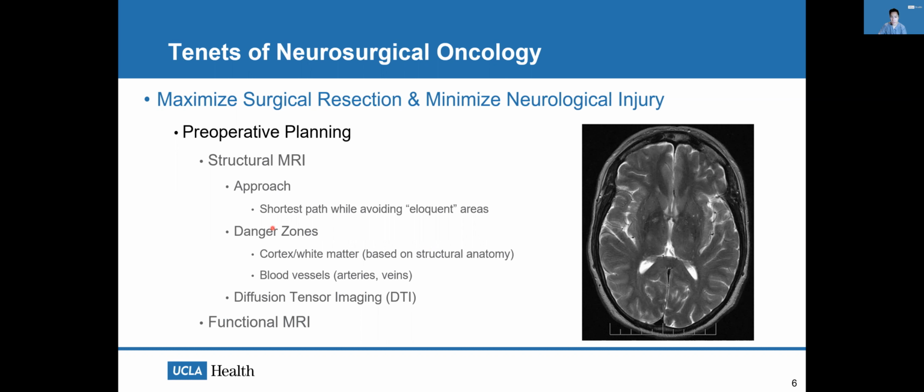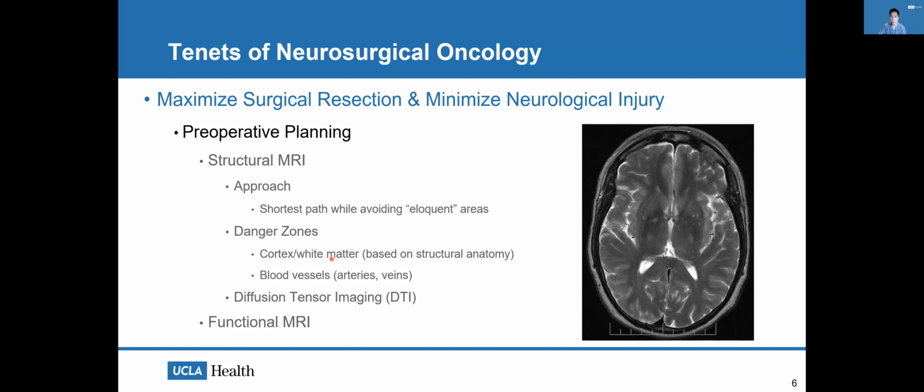Danger zones that we watch out for are certain cortical and white matter structures that we know are important, and blood vessels and arteries that can cause strokes if we transgress. And then we can also use diffusion tensor imaging, or DTI, that looks at the white matter tracts that connect cortical areas or brain areas. By doing this advanced imaging technique, we can see whether or not our corridor might violate these connections.